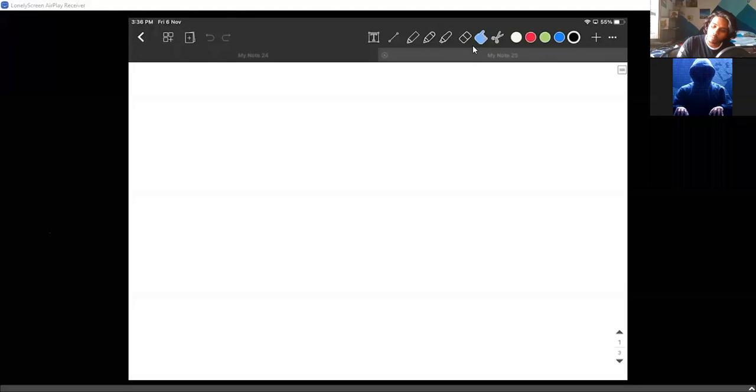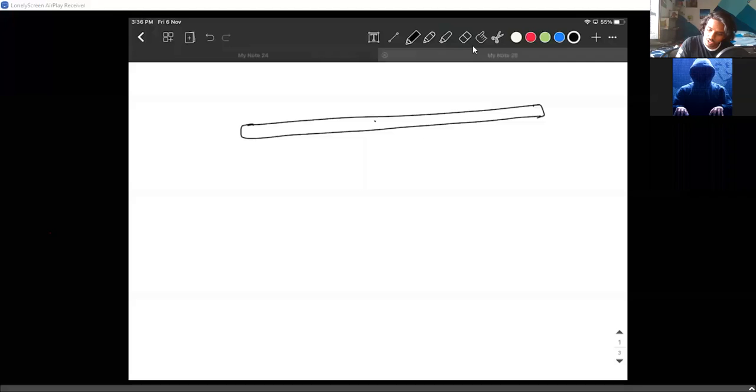Let us start with a problem where there is a rod hinged by the middle, a rod of mass m.